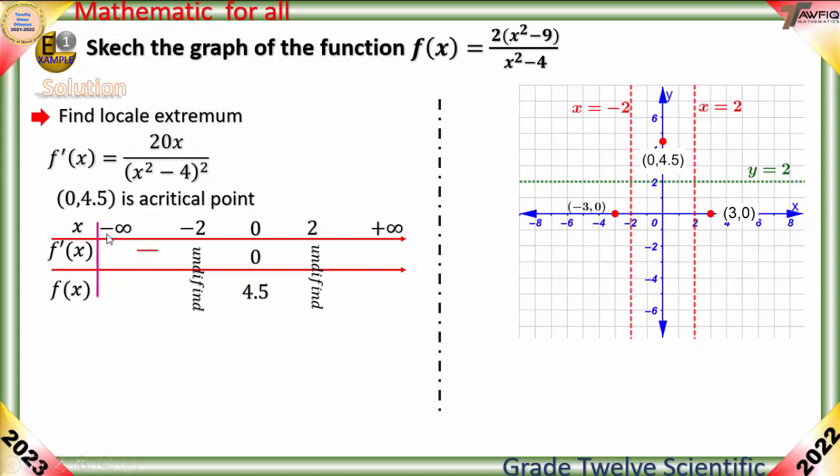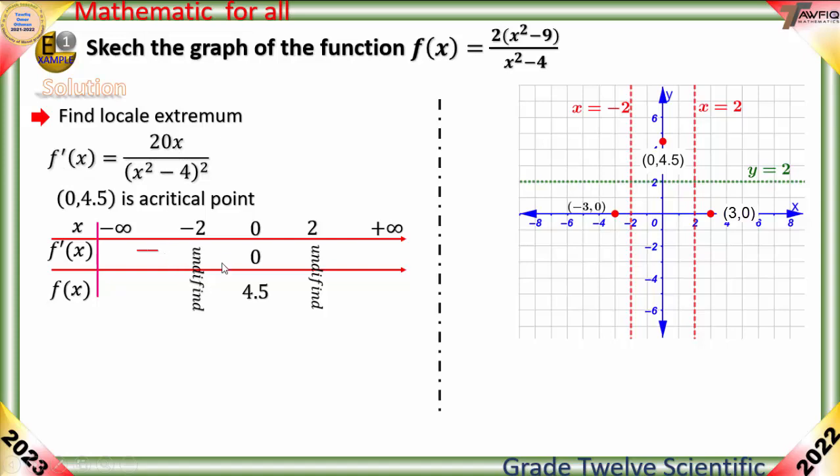interval from minus infinity to minus 2, the f prime is negative, because if we take any number smaller than minus 2, let it be minus 3, and replace it in the derivative, you can see minus 3 times 20 is minus 60 over positive, so it is negative.